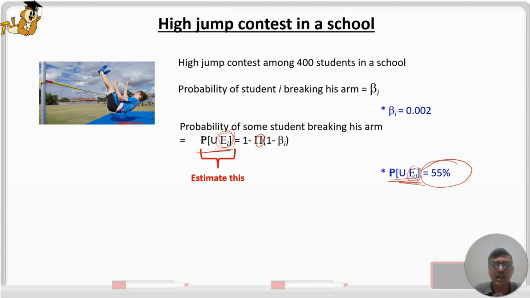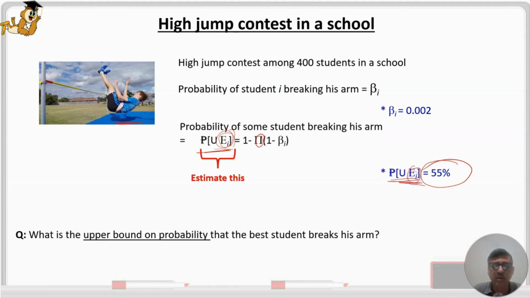So this is the difference that I am talking about. Now, what is the upper bound on the probability that the best student breaks his arm? So, for example, students, like I said here, they jumped over this bar one by one. And what is the probability that the guy who jumped the highest breaks his arm? What is the worst case scenario?